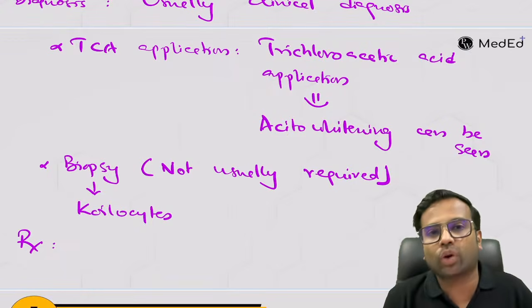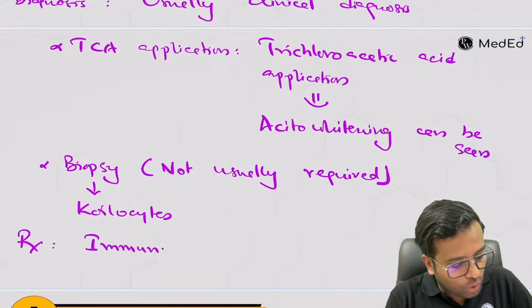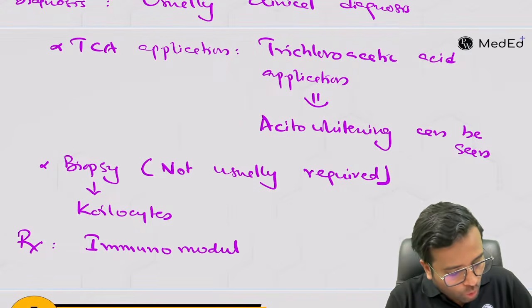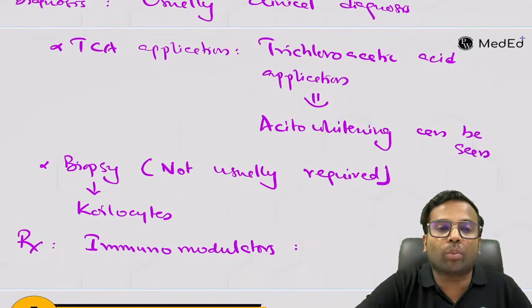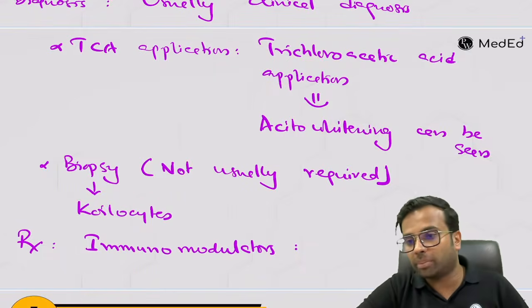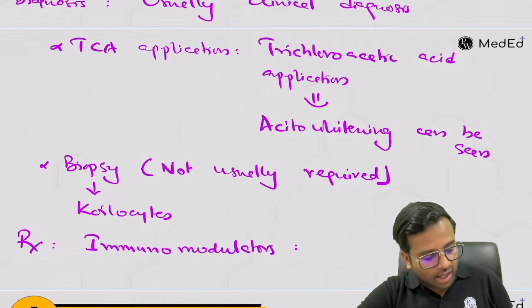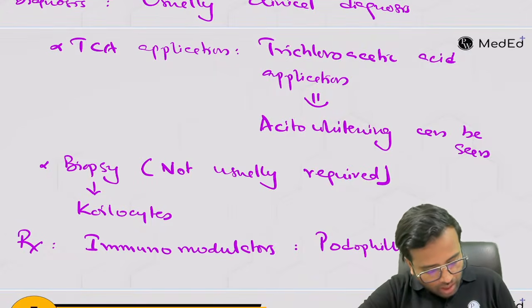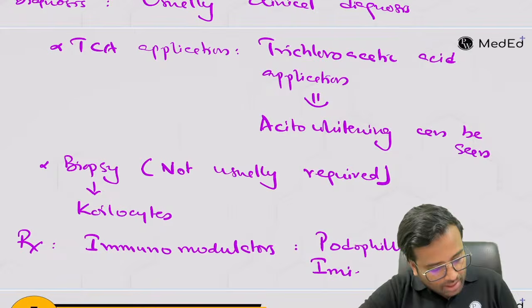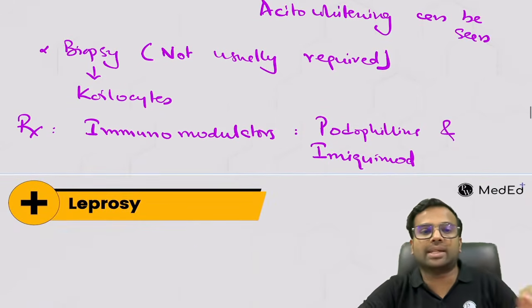The treatment of Condyloma acuminata is with immunomodulators. What are the examples of immunomodulators used for the management of Condyloma acuminata? The immunomodulators are podophyllins and imiquimod.